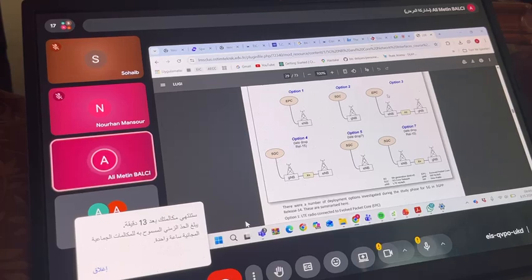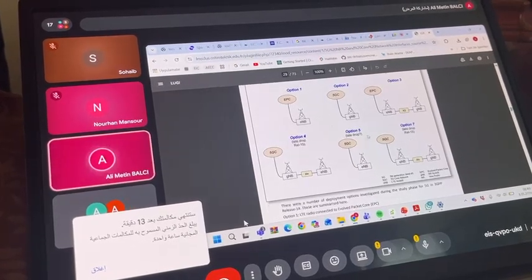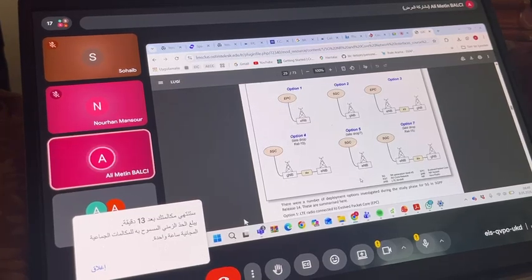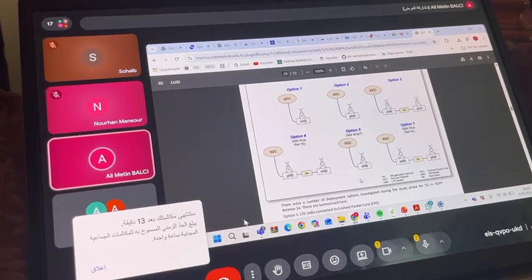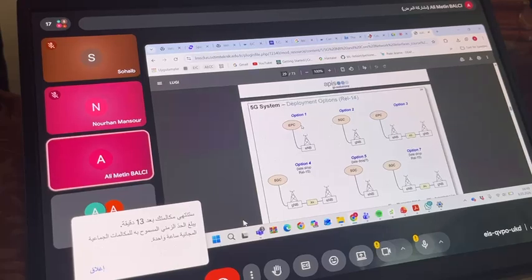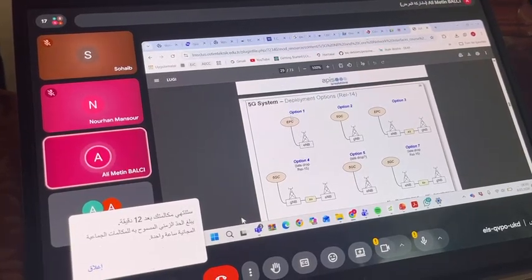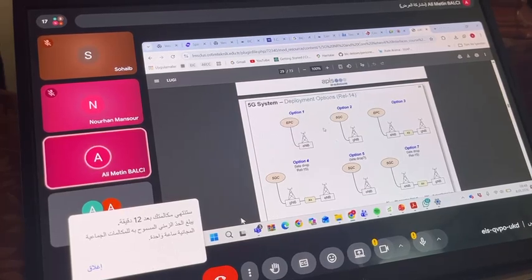And it is better for you to know the most current ones right now. Sorry, option 1 is for the EPC and eNode B. This is standard 4G, okay?